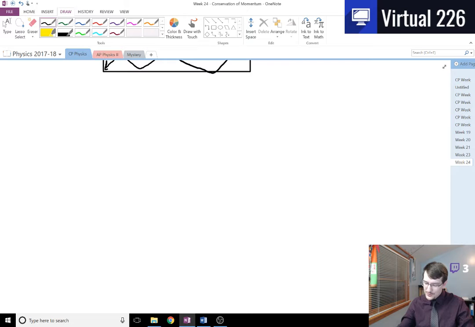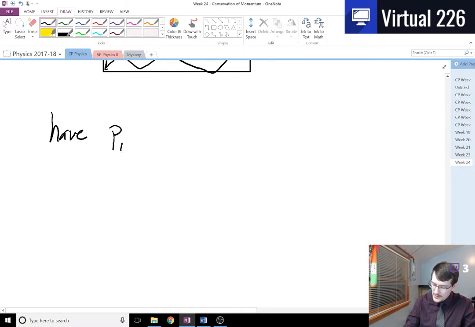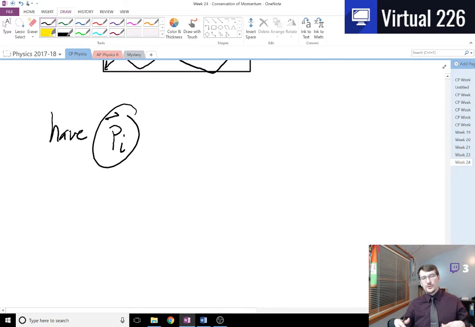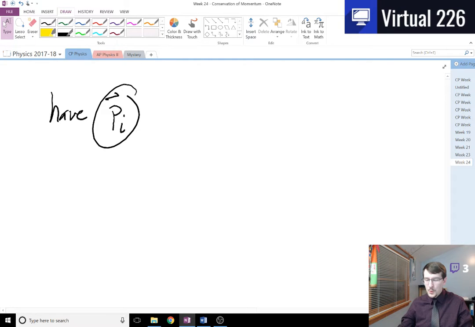But what we can do sometimes is, if we have initial momentums of the system, so both objects, we can add those initial momentums together. Pretend we're looking at billiard balls: here's the cue ball, and here's the 3 ball.